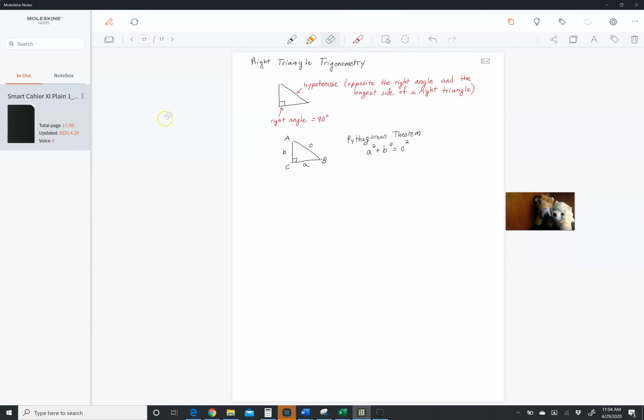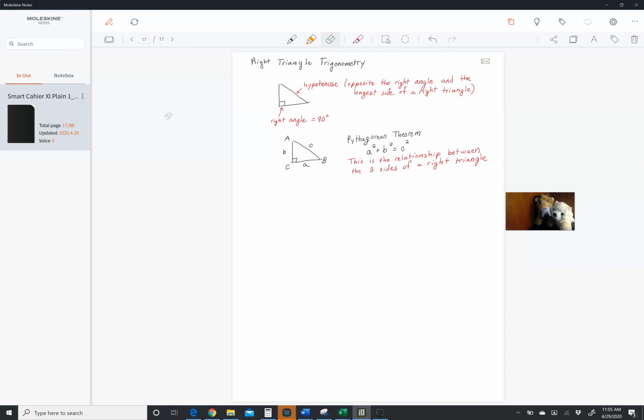This is just geometry. What you'll see in a few minutes is that trigonometry is the relationship between sides and angles in a right triangle.